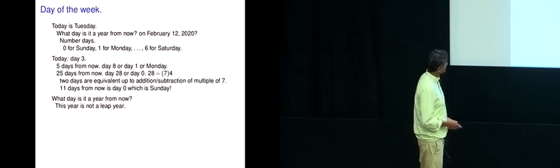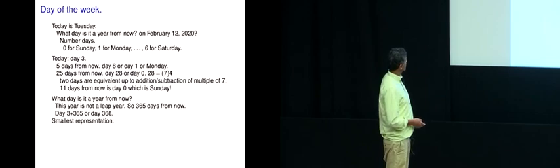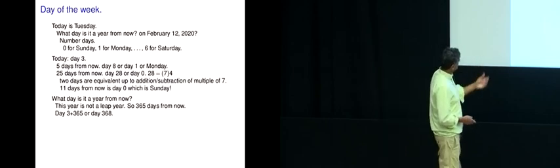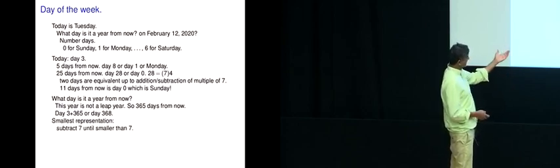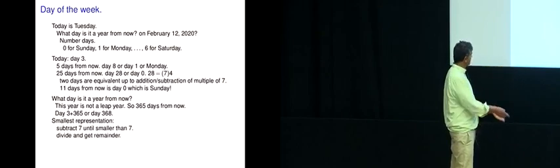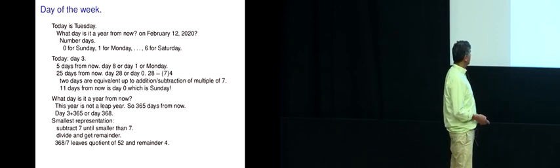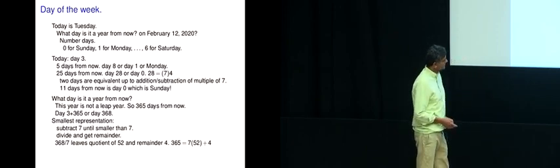This year's not a leap year, so 365 days from now, so day 368, which I don't know what that means. So I bring it back to the range between 0 and 7. I keep subtracting 7 until I get to something smaller than 7. Divide and get the remainder. That's it. So it's day 4.